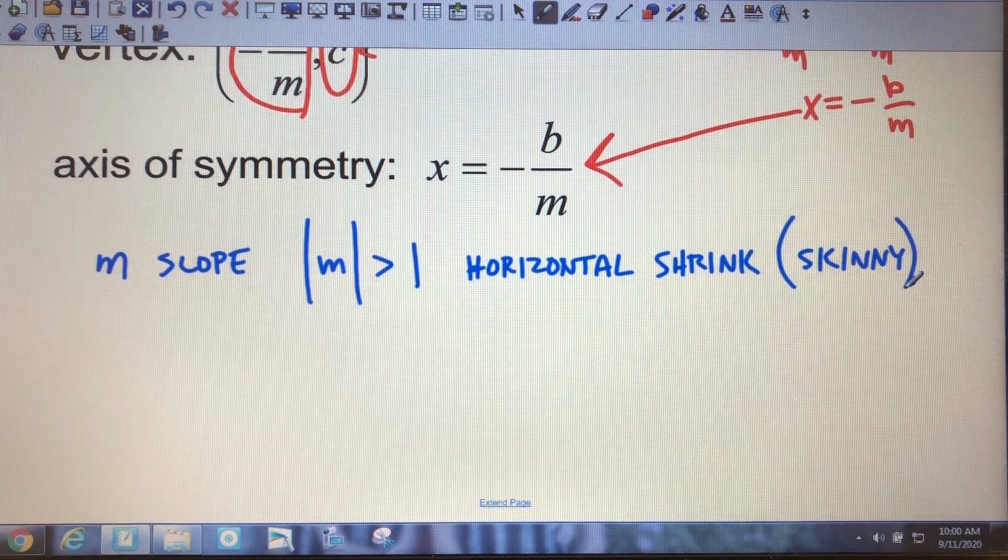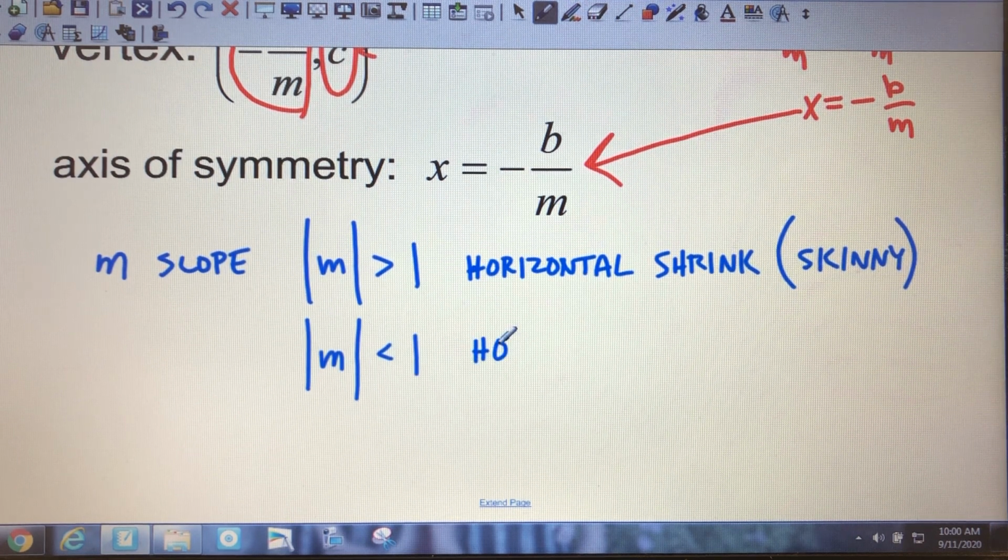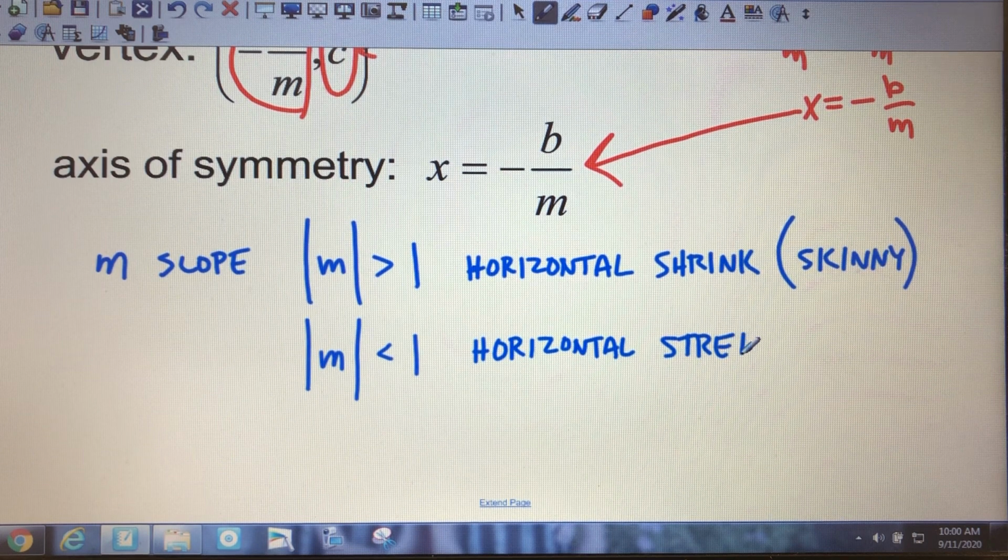Okay? Now, if the absolute value of M is less than 1, we're going to have a horizontal stretch. So your graph is going to look like it's going to get a little more fat.